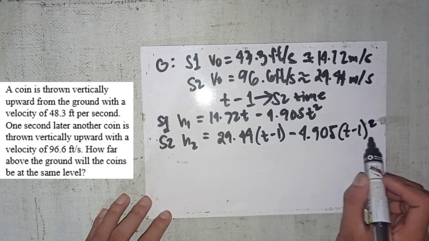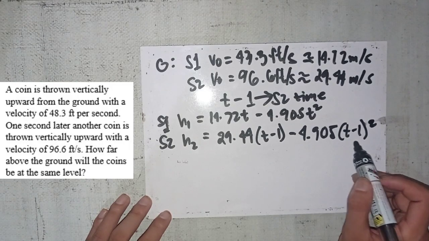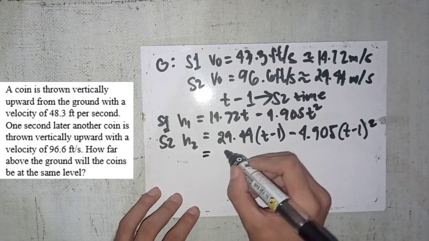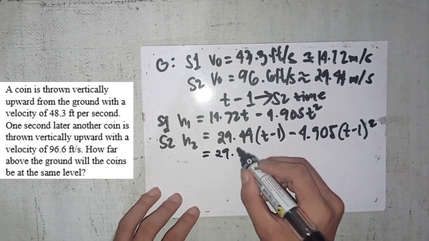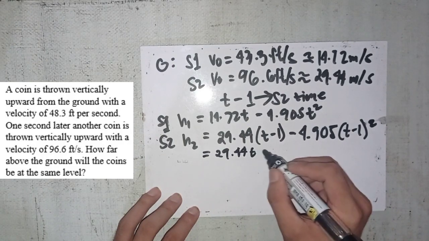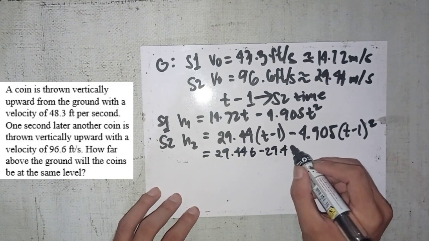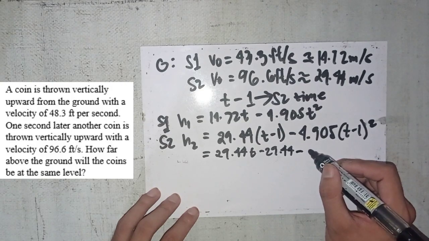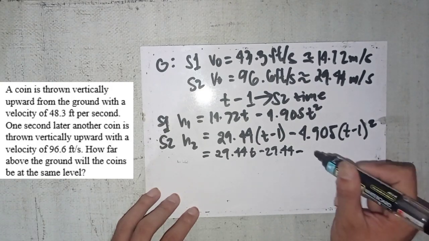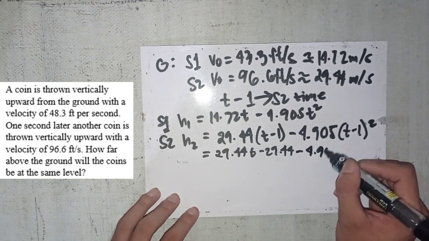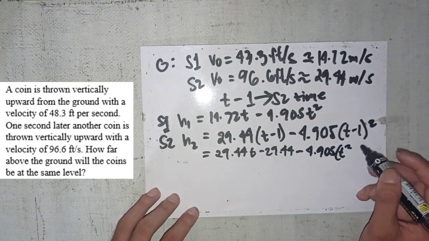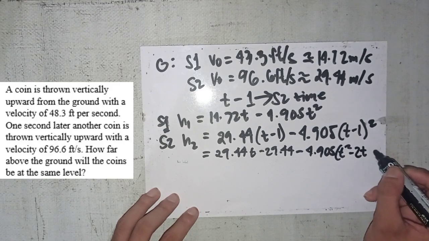So we can expand this, the square of the difference of a binomial. This will be 29.44 t minus 29.44, so we distributed it, and also here is minus 4.905 times (t squared minus 2t plus 1).